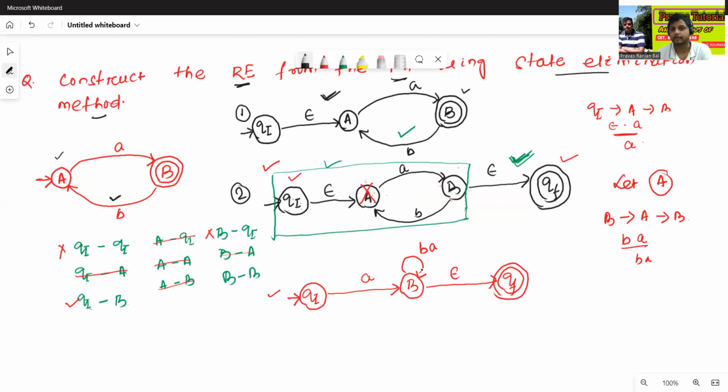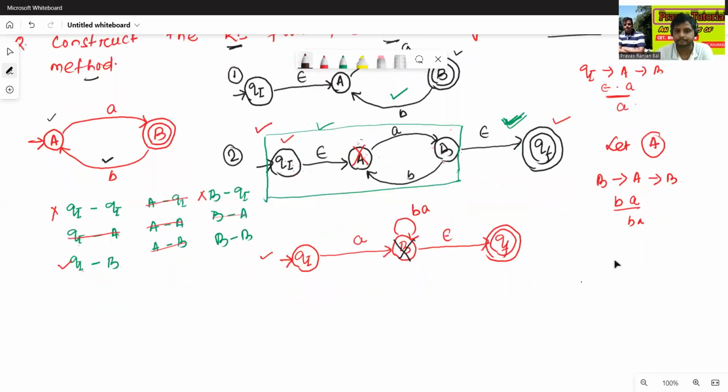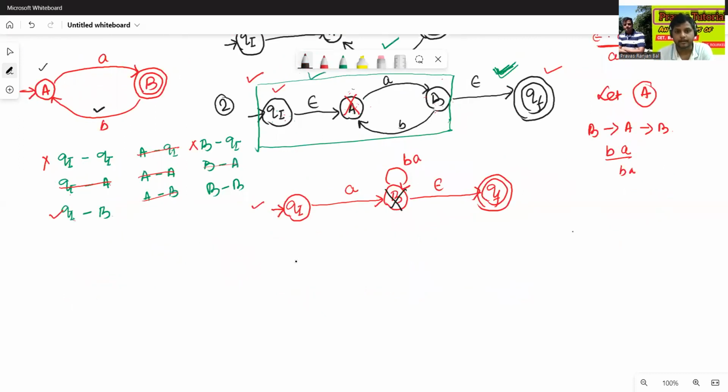Okay. So now we'll remove states one by one. Already we have removed state A. Now we'll remove state B. I'll write here Qi, and this is QF.